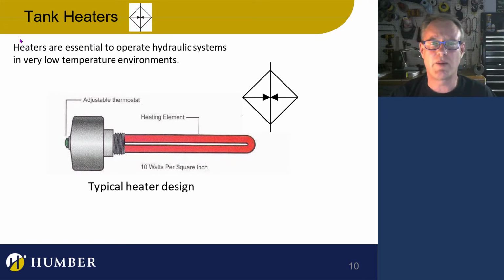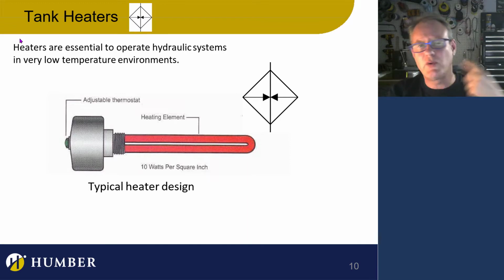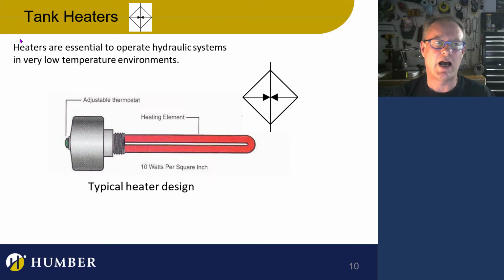And you also have to remember that if you start an excavator or some machine out in the field and it's really cold, all of those lines, the fluid in there is also really cold and really thick. So you want to pump all of that fluid through there to warm it up, put it through many cycles. But you don't want to stress it. You want to do that under a light load.